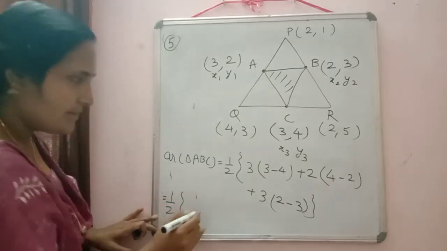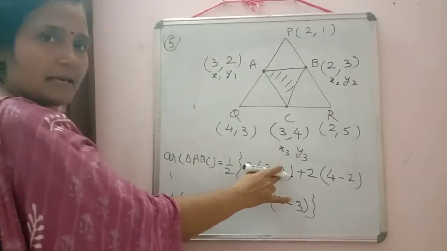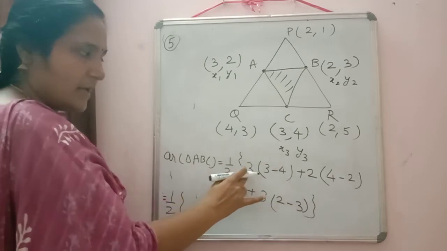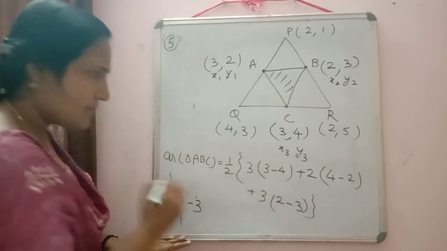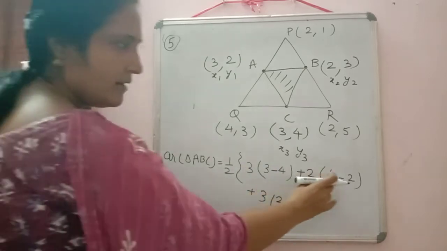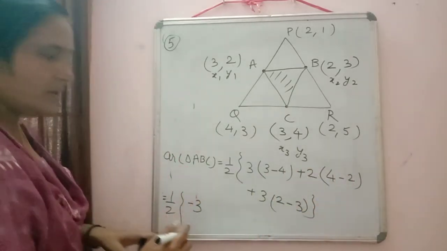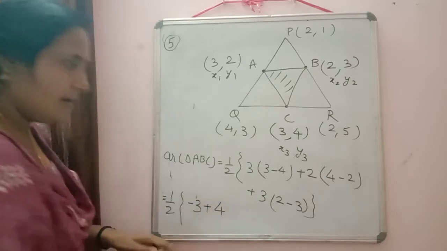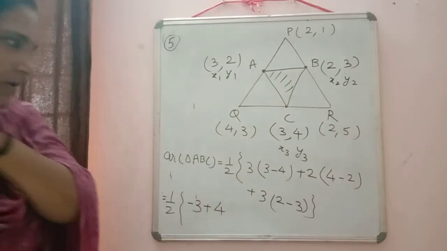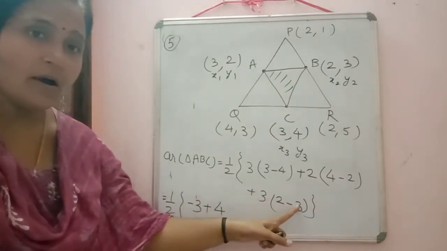Now we can check what will come. Half into 3 minus 4 will be equal to minus 1. And minus 1 into 3 will be equal to minus 3. Here 4 minus 2, 2. And 2 into 2 will be equal to 4. So we are getting plus 4 there. And here 2 minus 3 will be equal to minus 1.